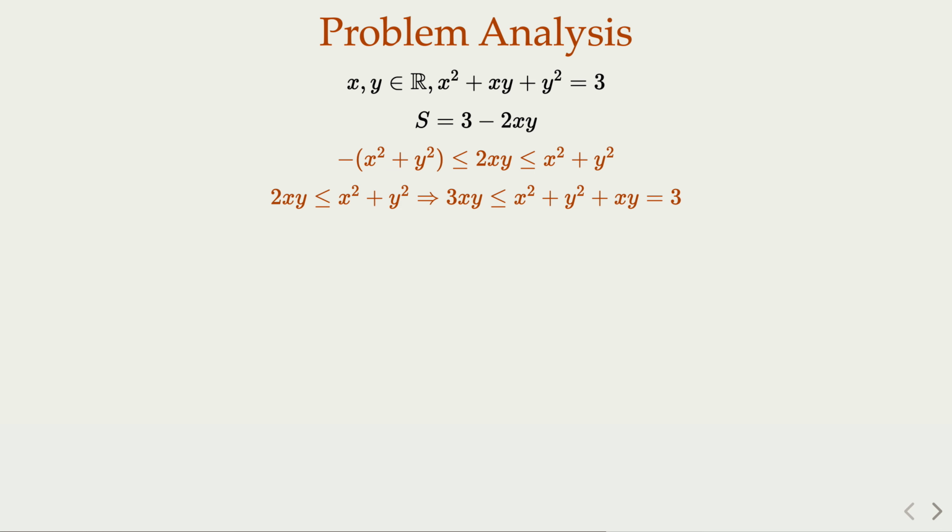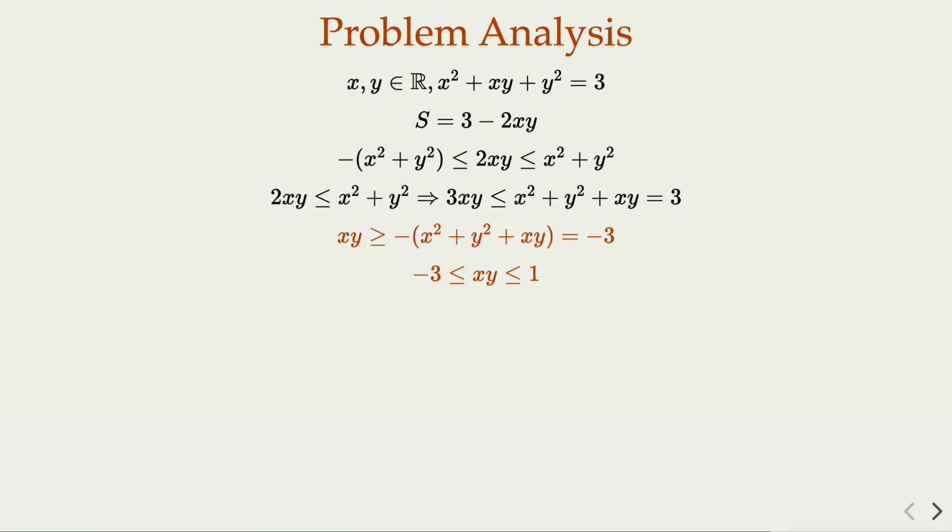Now, by looking at the other half of the inequality, we can subtract xy on both sides. If you subtract xy on both sides, you know that xy is greater than negative 3. So with the given constraint, we have figured out xy's range.